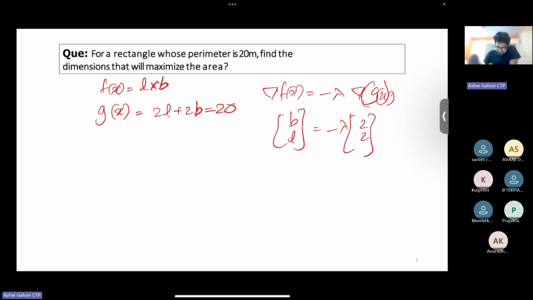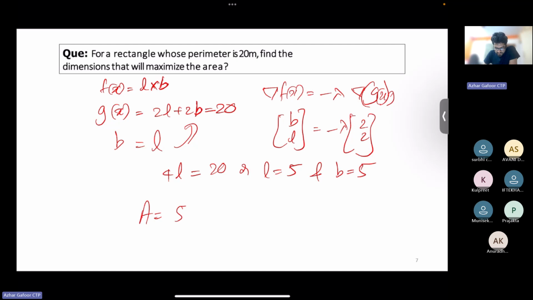So we will get B is equal to L, right? Now we substitute this in our constraint. So we get 4L is equal to 20, or L is equal to 5 and B is equal to 5. So finally, the area is 5 into 5, which is equal to 25.